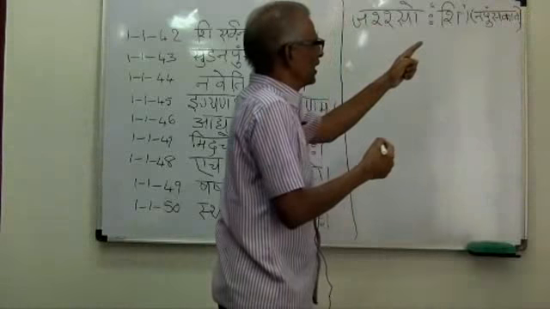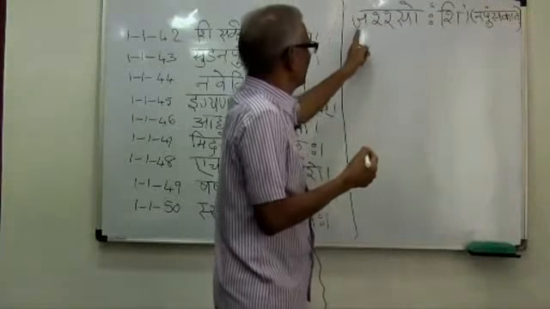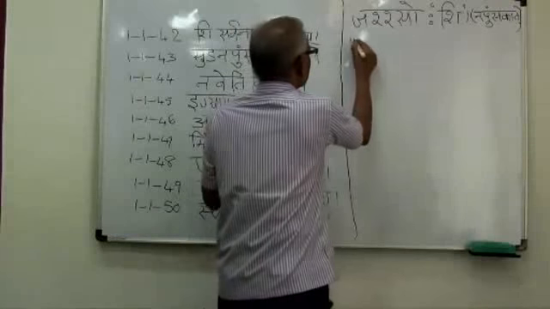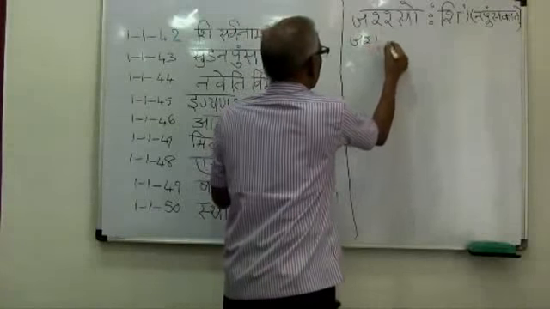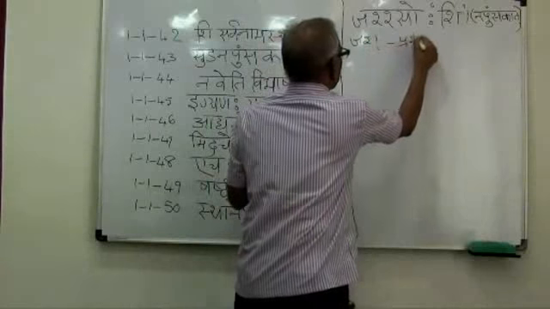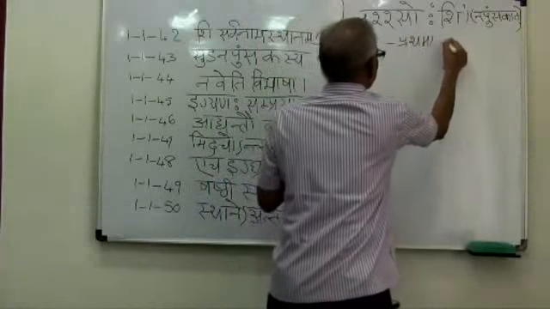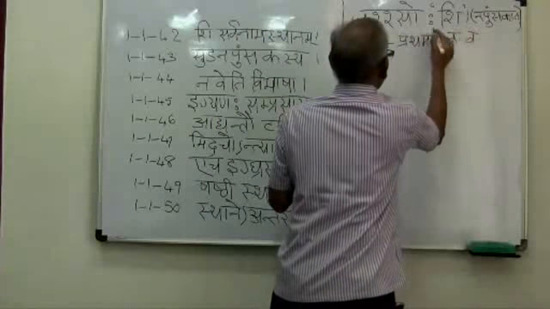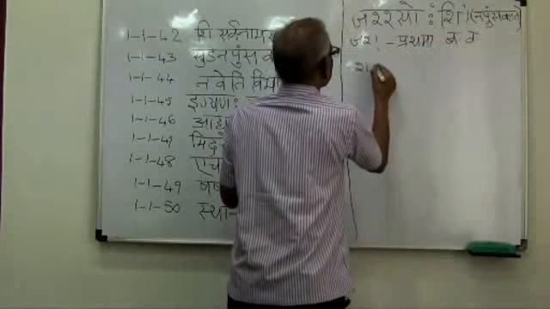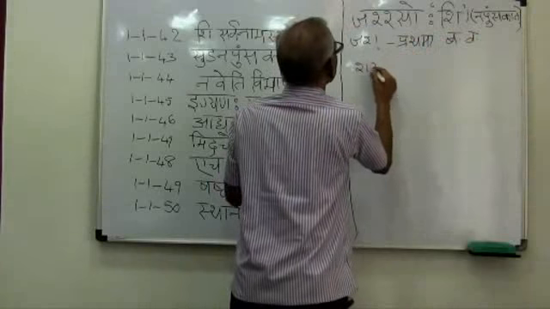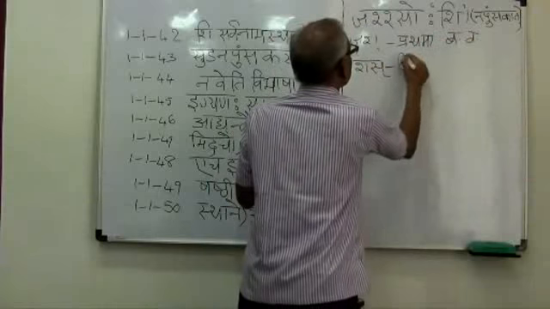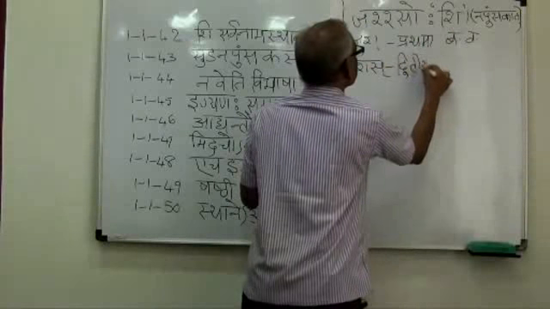After a Napumsakalinga Pratipadika, in the place of Jas, Jas means Prathama Bahuvachanam, and Shas means Dvitiya Bahuvachanam.